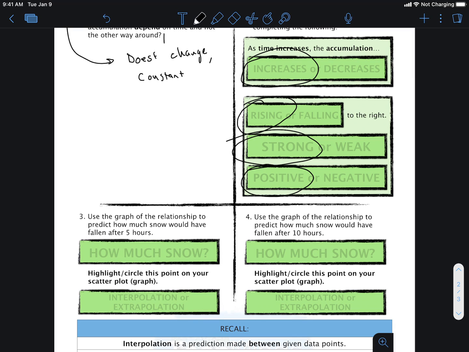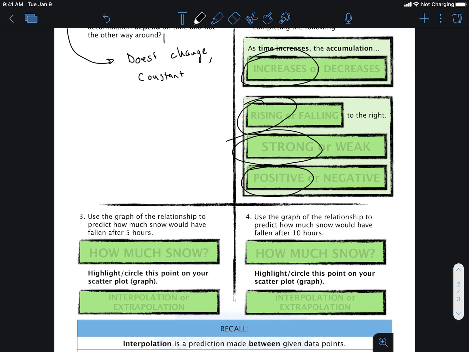So for instance, an extrapolation would be if it continued to fall, how much snow would there be at 15 hours of snowfall? That's an extrapolation, right? Okay, so let's run through 3 and 4 here.